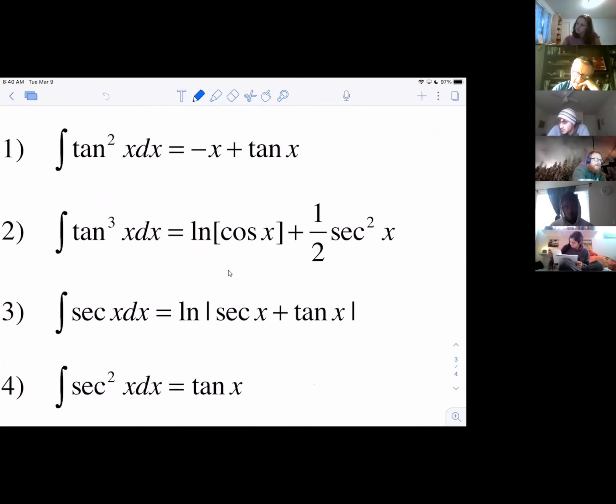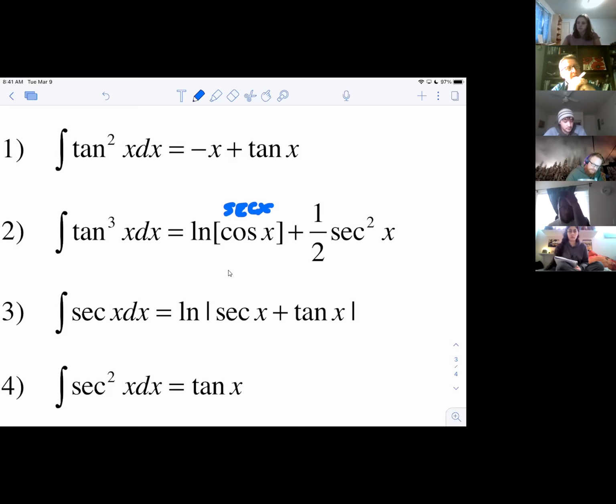I thought we had a... yeah, it says we have a natural log of secant x. Didn't we have secant? So the question is, did we make a mistake or is there another way to write it? Remember with trig, there's always other ways to write things.